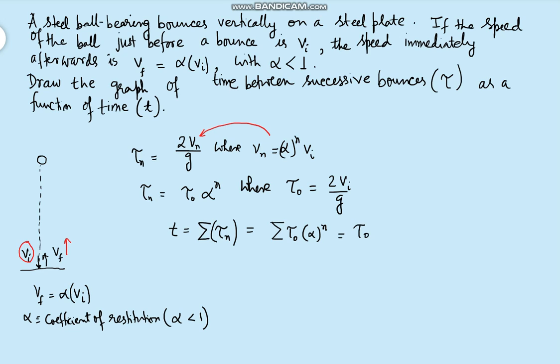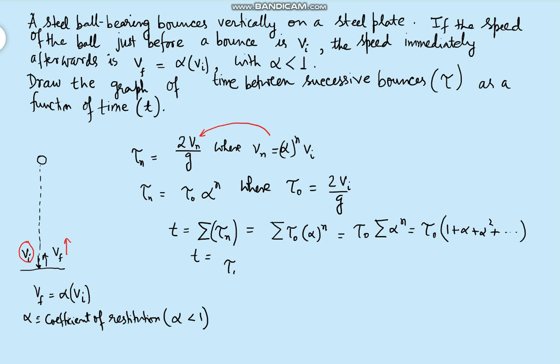So tau naught is constant, and we sum all the alpha to the power n. Alpha to the power 0 is 1, plus alpha, plus alpha square, and it goes on up to n times. As you know that alpha is less than 1, so this will be an infinite GP with the common ratio as alpha.